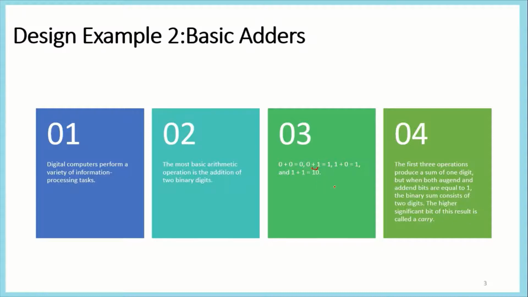We also know that if we have to add 2 single bits, our result could be n plus 1 bits. So in order to represent the result accurately, we have to represent it in 2 bits. If we add 1 plus 1, our result will be the binary equivalent of 2, for which we require 2 bits.